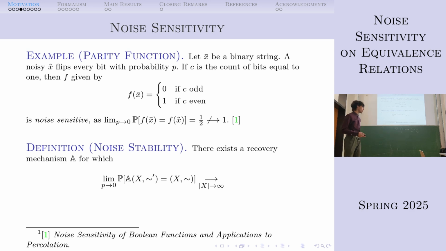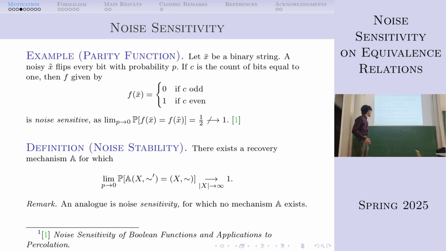This is how we would like to define it. If we have a recovery mechanism, we could think of an algorithm that takes the noise, like we had in the previous graph, and the probability that it actually is the correct prediction for the actual original graph is, as n grows very large, you have this convergence to 1. So that is really what we're looking at here.